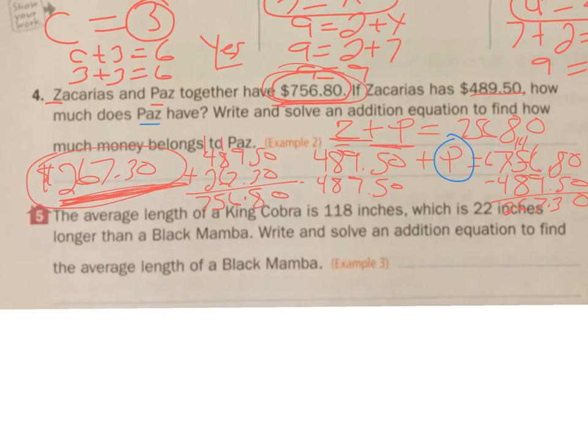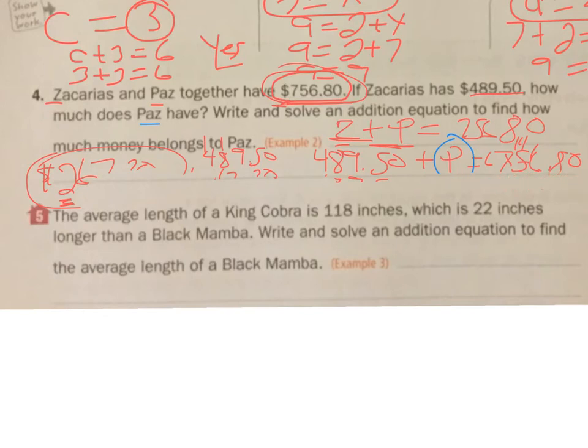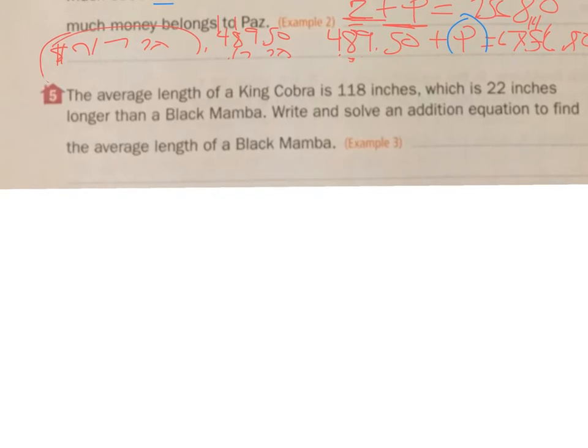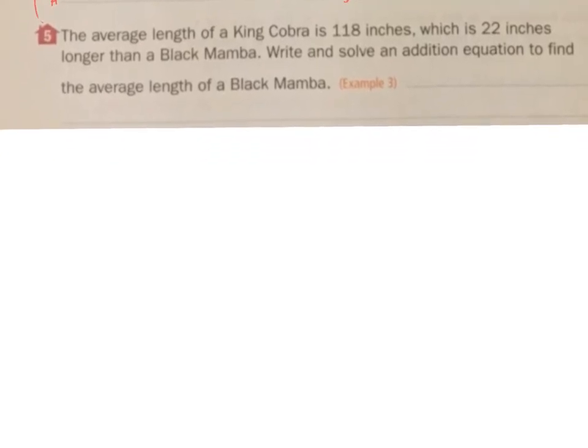Okay, let's do number 5. Erase some of this so we can see the whole problem. There we go. Okay, the average length of a king cobra. I'm going to kind of draw this one. King cobra, there's my king.